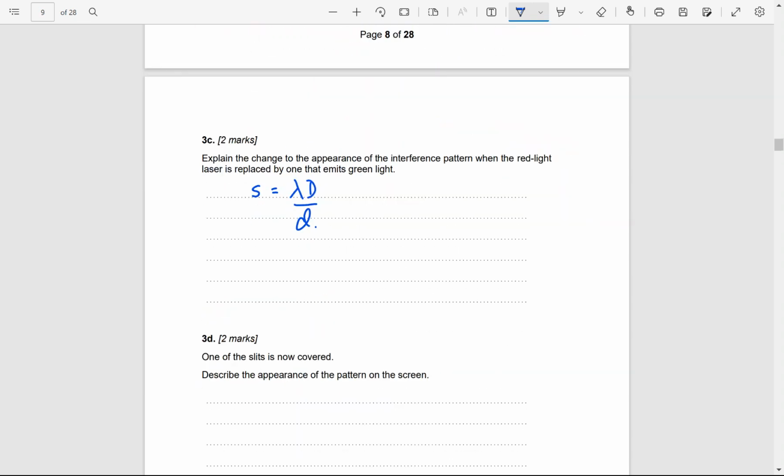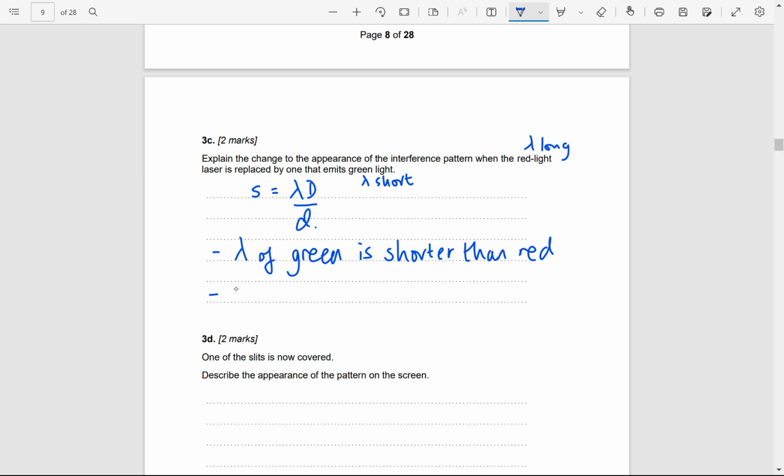So what we can do is we can look and see what happens. So we've got a long wavelength for red, and then we've got a shorter wavelength for green. So I would say something like wavelength of green is shorter than red.